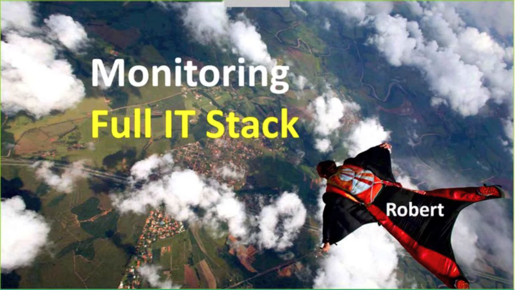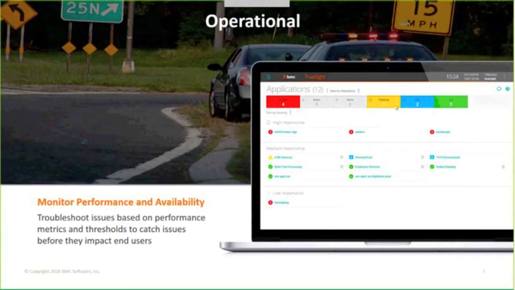So Robert is a junior administrator in IT operations. He's got responsibility for the full IT stack of monitoring, and he chooses TrueSight operations management because he can quickly get started and get a really good operational view of the performance and the availability of key infrastructure and applications.